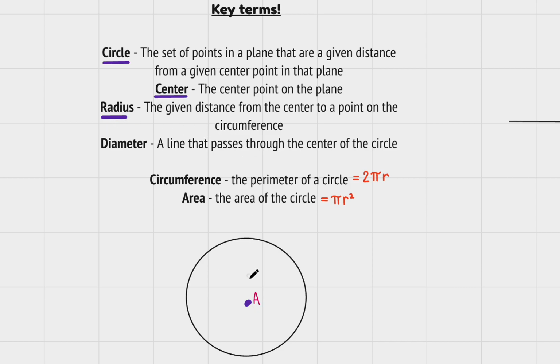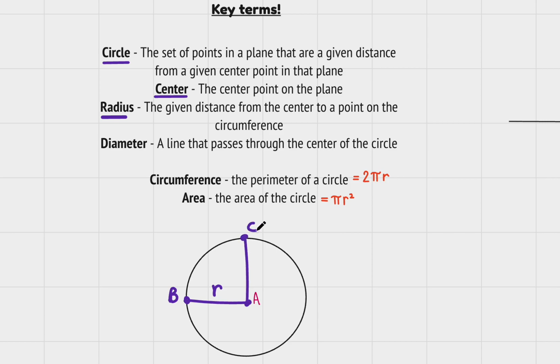The radius is the given distance from the center to any point on the circumference, and it's always the same length. So from A to some point on the outer line, the circumference of that circle, let's say this is point B. This is the radius of circle A. And this radius will always be the same no matter what point you're referring to.